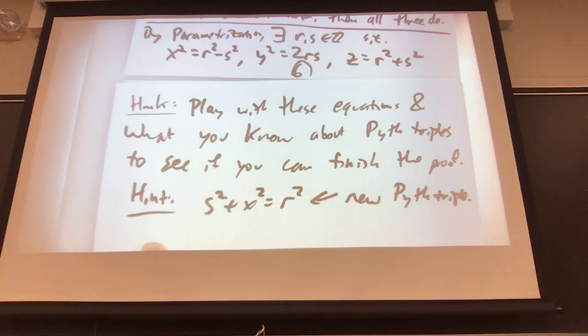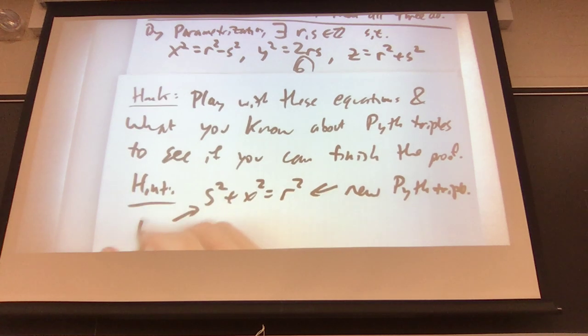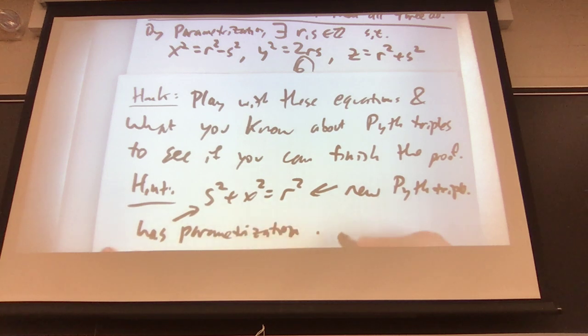So it has a parametrization, and follow that down. Dot, dot, dot. What goes wrong? If you can start doing this, what goes wrong? That's the key. Okay? Any questions?